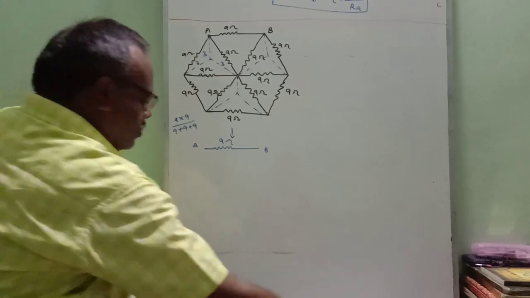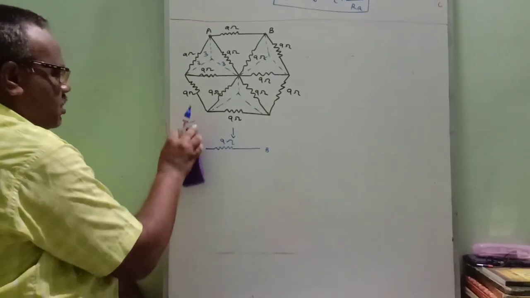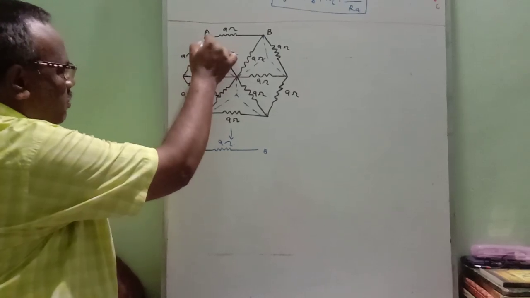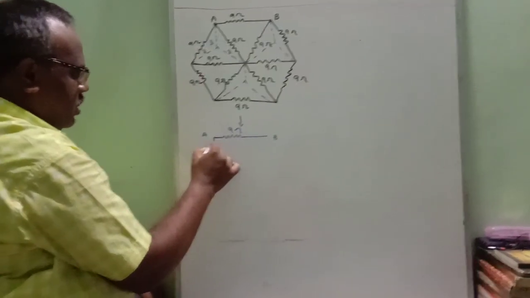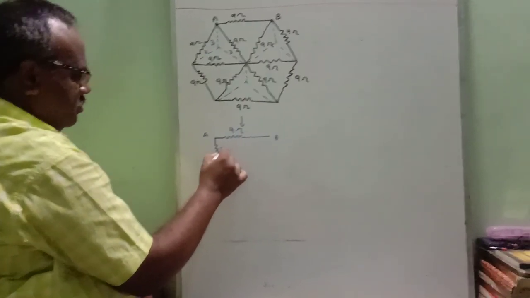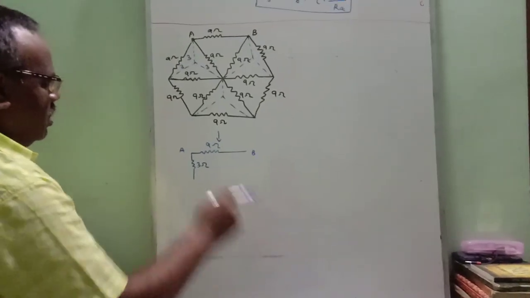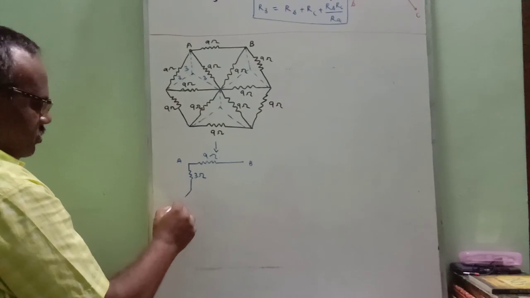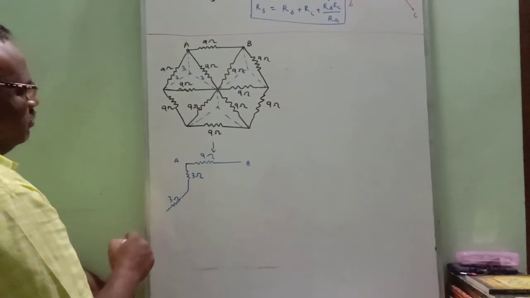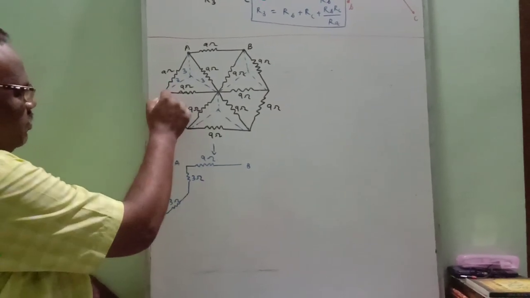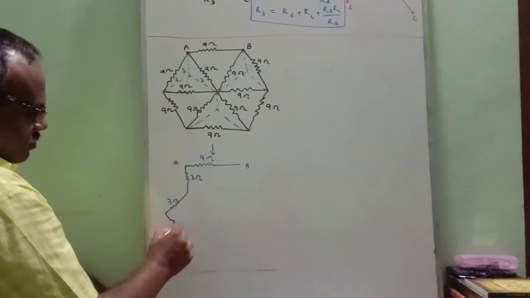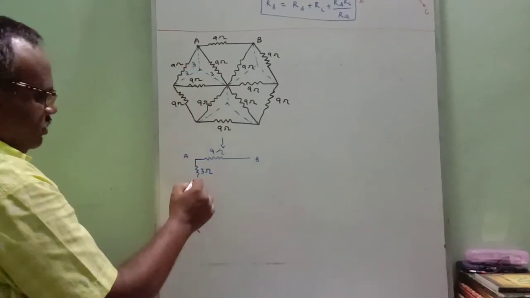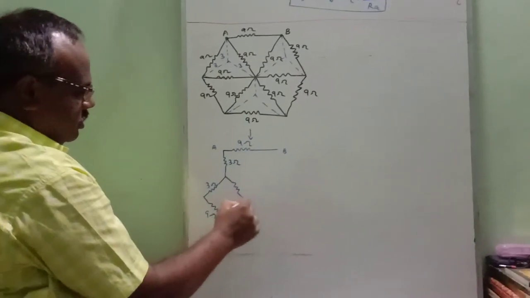So if you see, convert it, then from here we have 3 ohm, and from this point this is 3 ohm. Now from this point it is 9 ohm. This is 9 ohm. From this point it is 3 ohm.